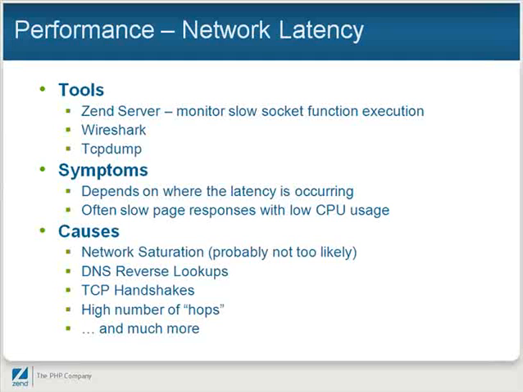Some causes that you might see are things like network saturation, though in these days of gigabit Ethernet, that's somewhat unusual, though it has happened before. DNS reverse lookups are another issue that can cause that, and that doesn't really make your application any slower.